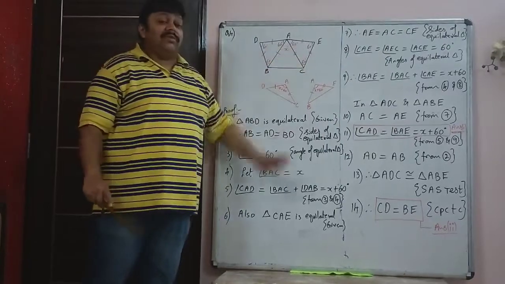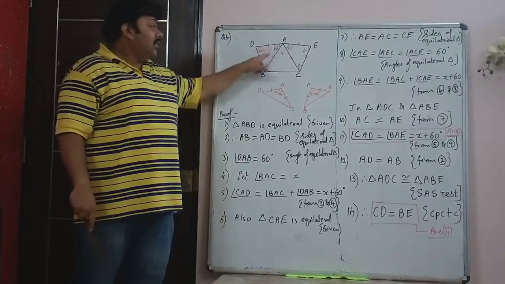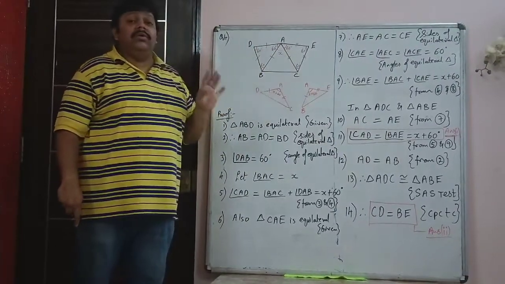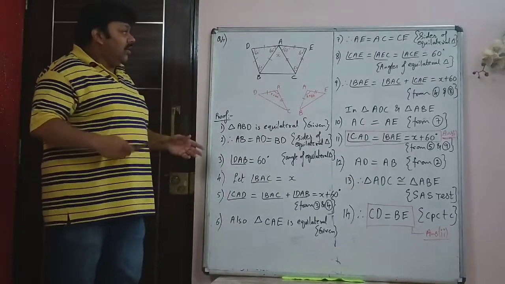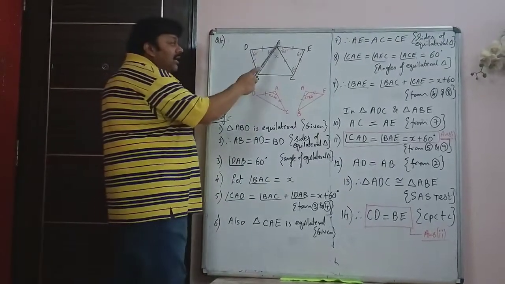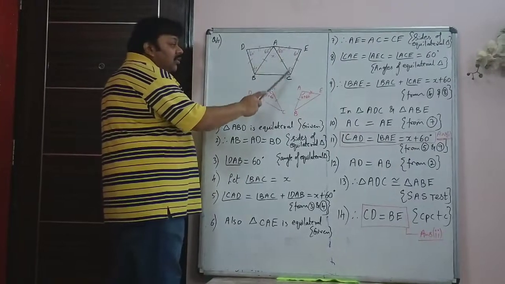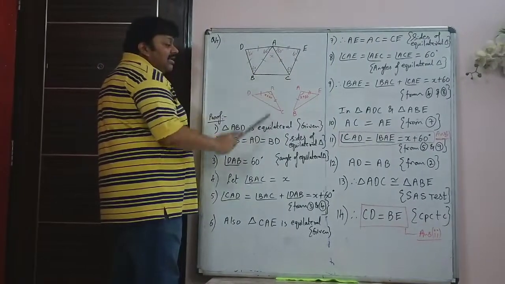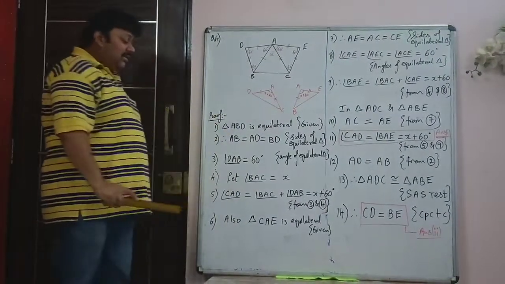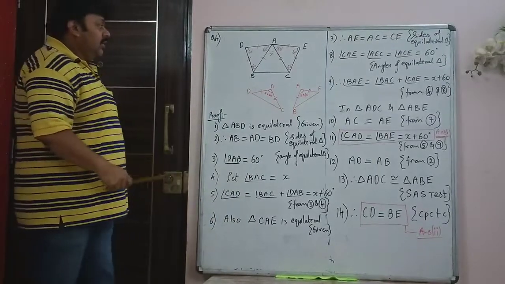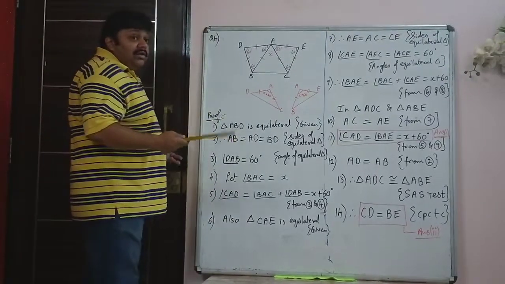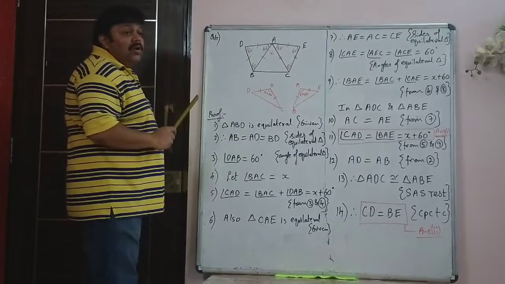I cannot use the same symbol for both, because it was never mentioned that AB is equal to AC. So now I call this angle BAC as X. That angle BAC be X. Now I am drawing the two triangles whose parts I have to prove congruent.